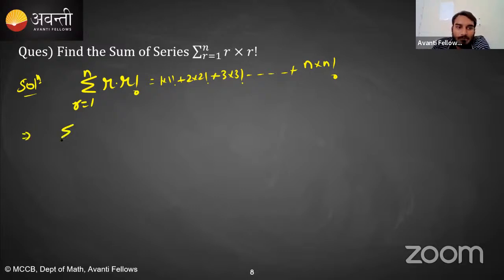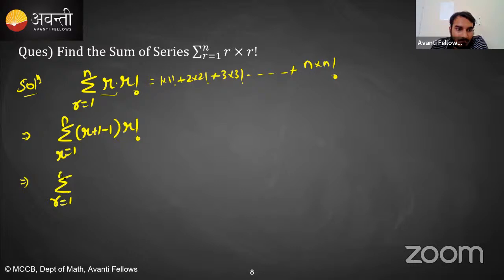Let's start. First, r is varying from 1 to n. See, this r I can write as r plus 1 minus 1, into r factorial. Now again, r is varying from 1 to n.